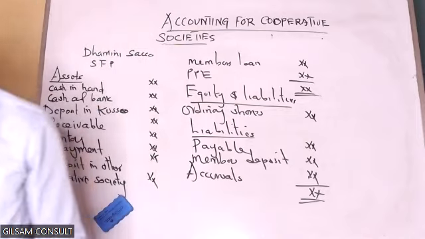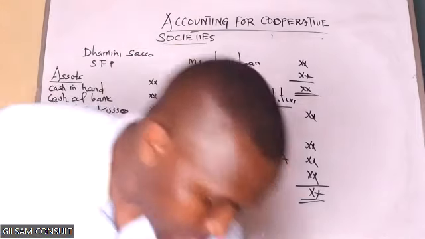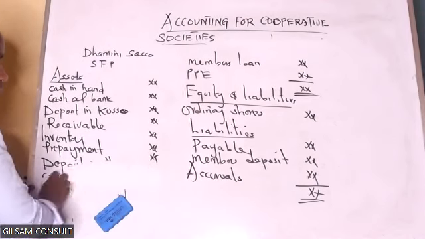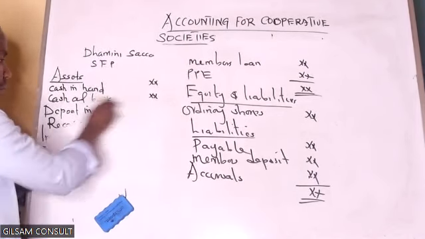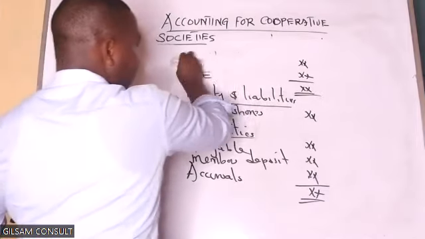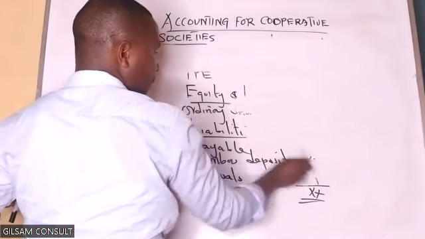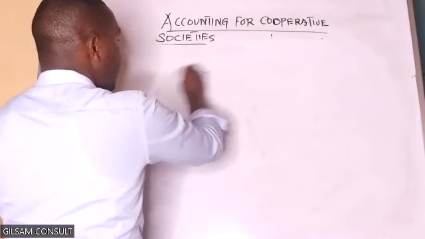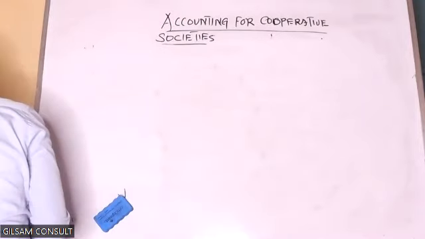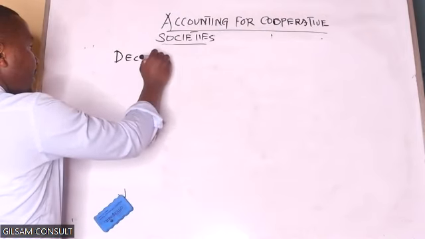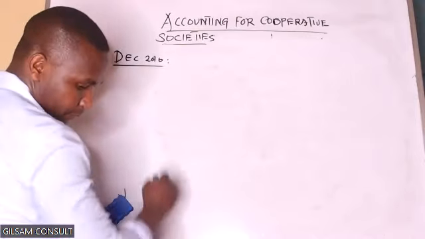So the question is December 2010, and the examiner likes to test this old question. That is question number 3.